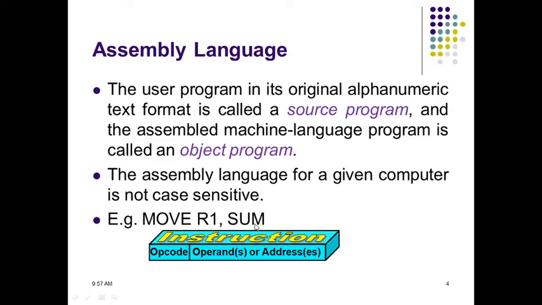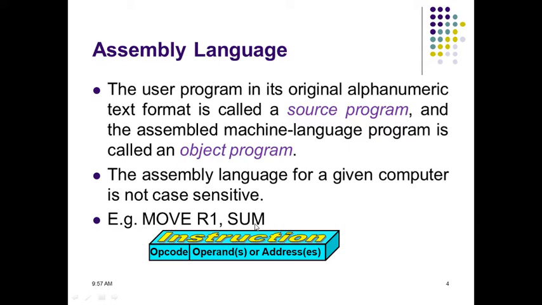Since there are several possible addressing modes for specifying the operand locations, the assembly language must indicate which mode is being used. For example, a numerical value or a name used by itself, such as SUM in the preceding instruction, may be used to denote the absolute mode.